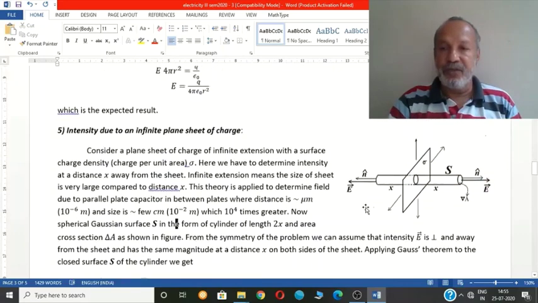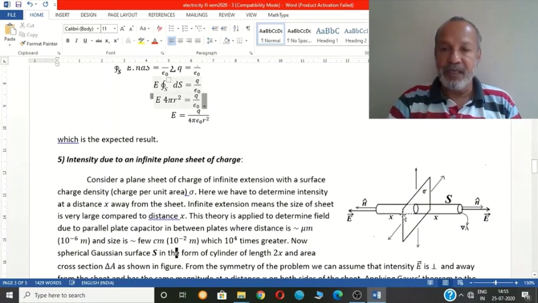So in order to calculate, this is the plane sheet of charge of infinite extent. The entire thing is not drawn here. It is indicated by the four arrow marks here. So suppose sigma is the charge per unit area.